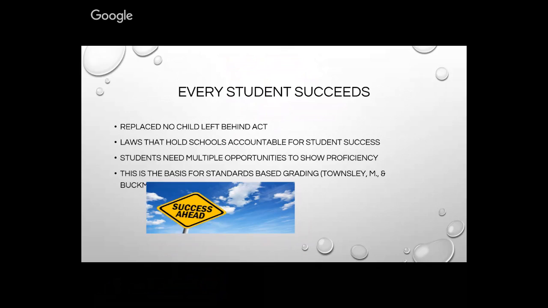And these multiple opportunities are kind of the basis for standards-based grading. It's all about reaching that standard, showing proficiency in that standard. You're not held at fault for attempting to reach a standard and not quite getting there. You go back, you practice until you can show that you can reach the standard.